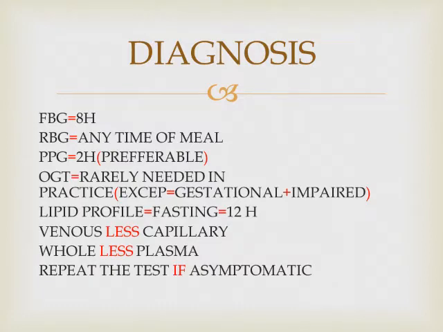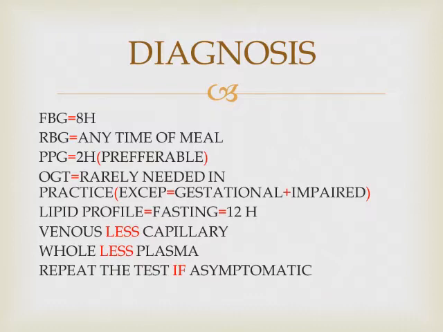Diagnosis. A few points about terms you may face while reading about diabetes in your textbook. When you read fasting blood glucose, it means that the patient fasts for at least 8 hours.